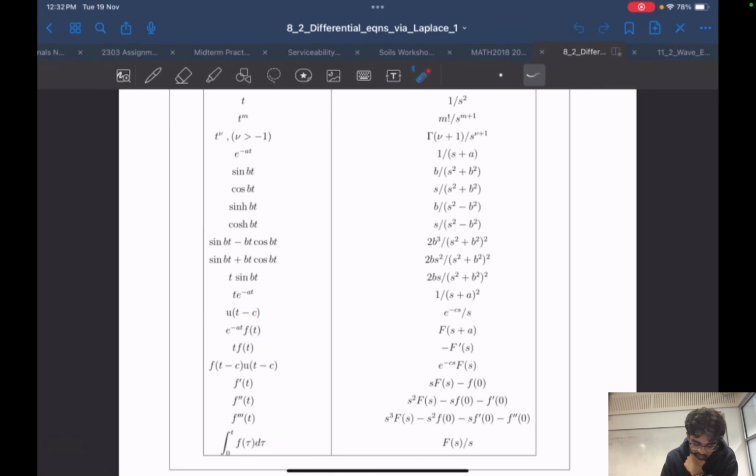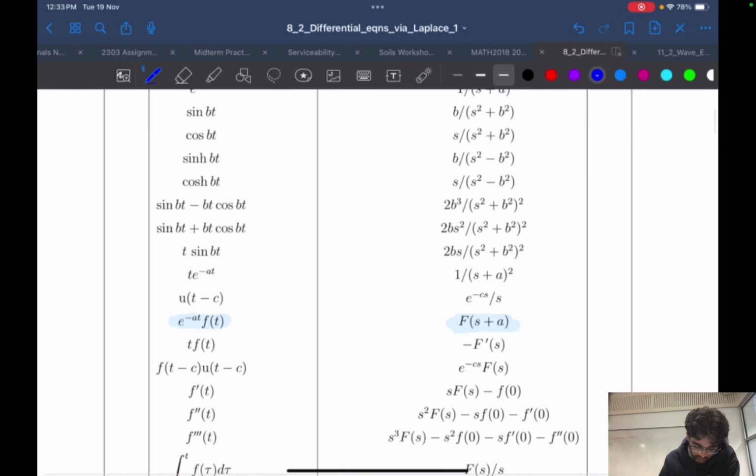So we have e to the power of minus at times a function with respect to t, and this one over here correlates to this one over here. So this is called the shifting theorem. First of all, let's identify what a is.